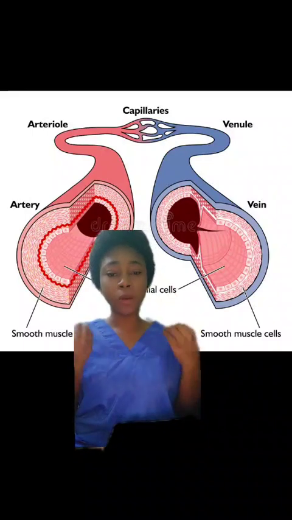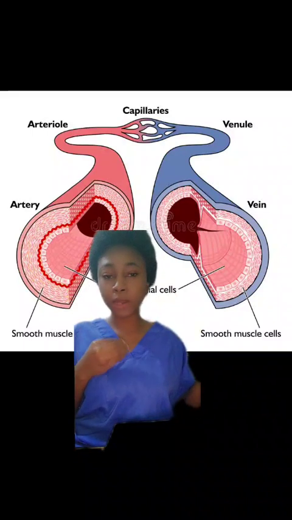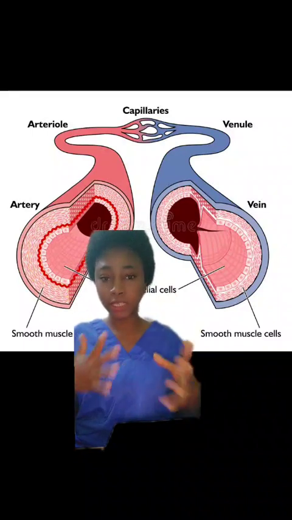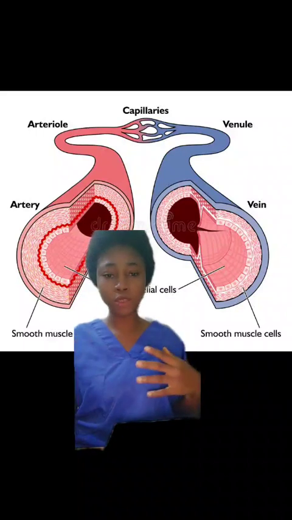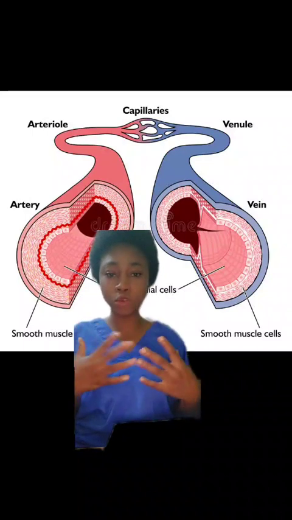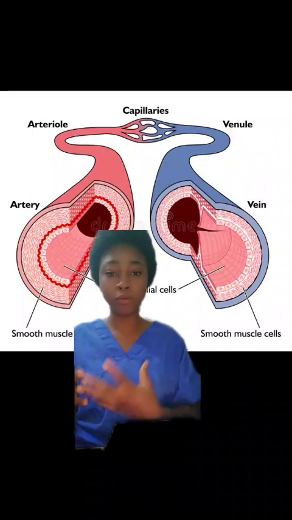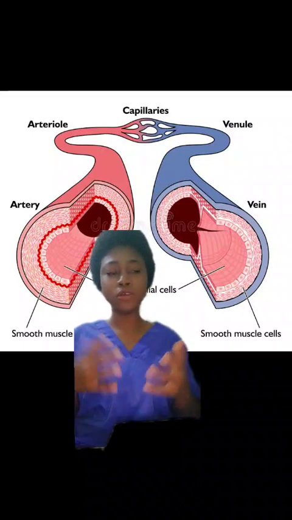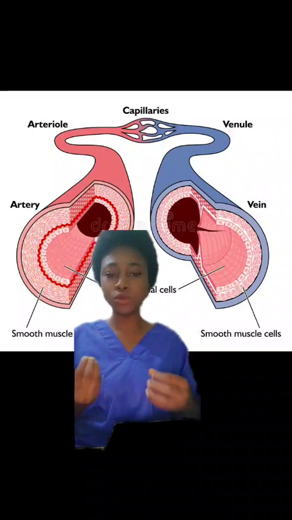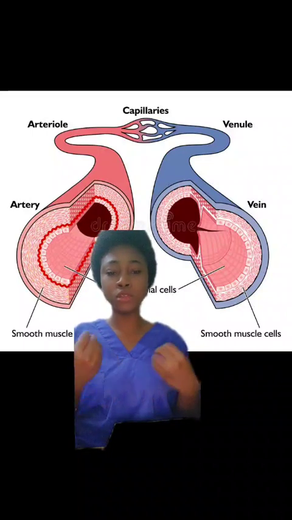I also talked about how the pressure of blood in the vein is very low compared to the arteries, where blood passes with high pressure.